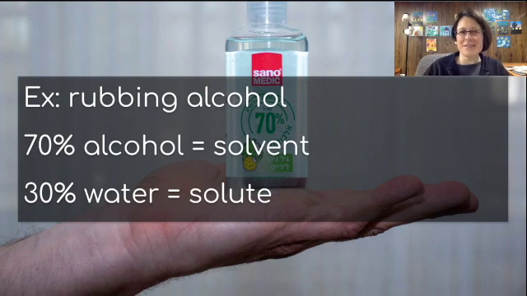That's why I have this picture back here with the big 70% on it with some hand sanitizer. Because there is more alcohol than there is water, the solvent is the alcohol and the solute is the water, which seems kind of backwards because we're used to water being the solvent most of the time. But in this case, the larger amount is the alcohol, so it is considered to be the solvent.